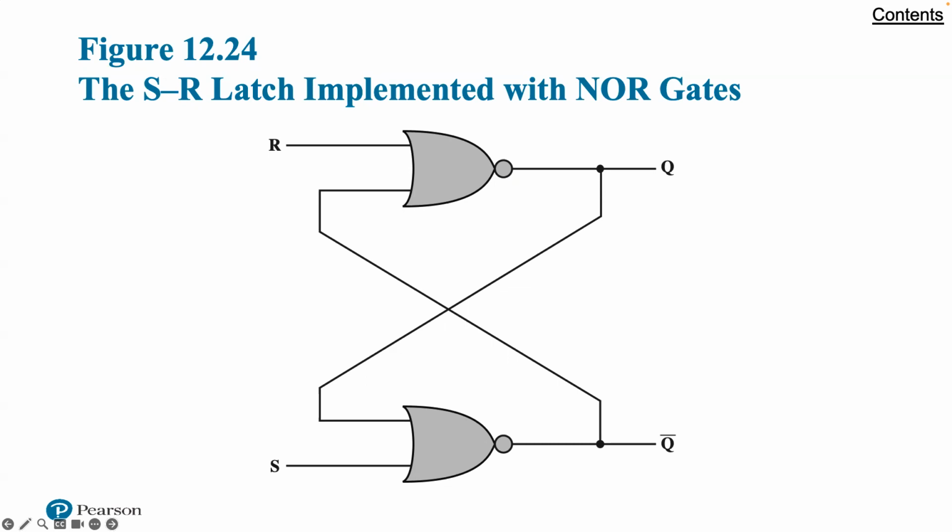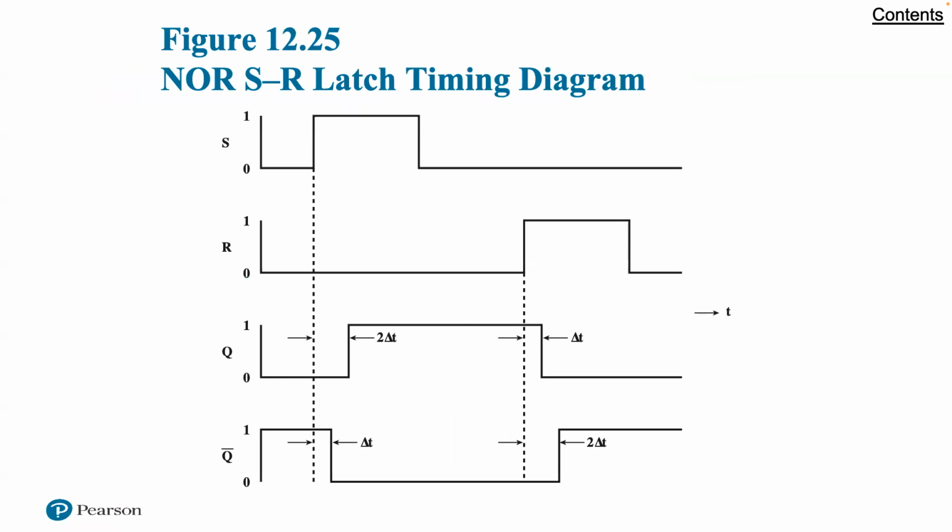So the outputs feed back to the inputs, and that's part of how this actually makes it work. Figure 1225 shows the NOR SR latch timing diagram, just to get a chance to see how that would look. And there's a little bit of a delay that we're banking on that makes this logic possible.